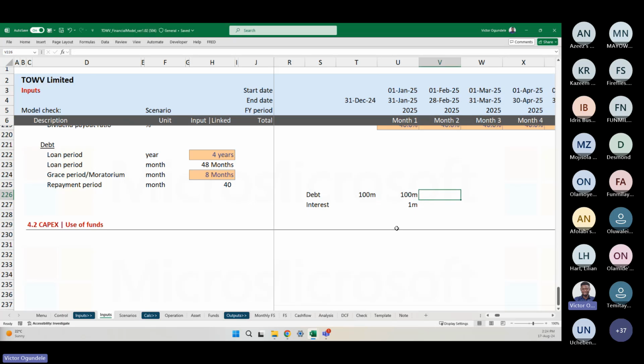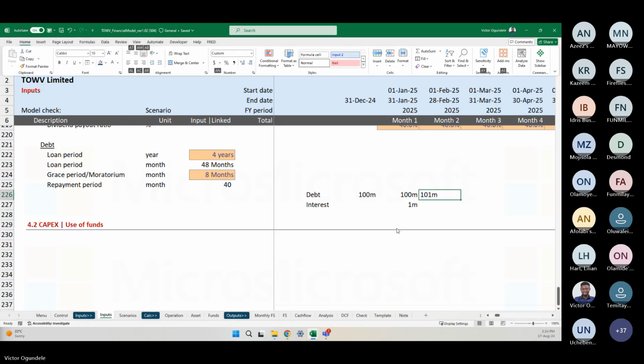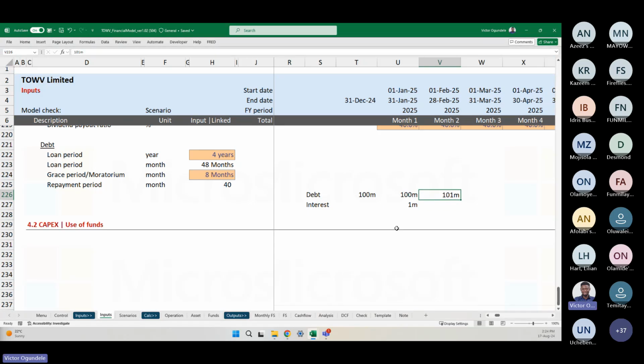It will now become 101 million. You get that? Because if you are not doing this, the financier is saying, I could have decided to give someone this 100 million and I will collect this same 1 million. But if you are not going to pay it, you calculate the interest and you add it.